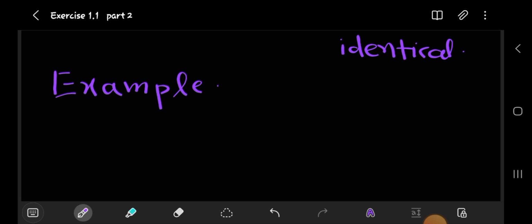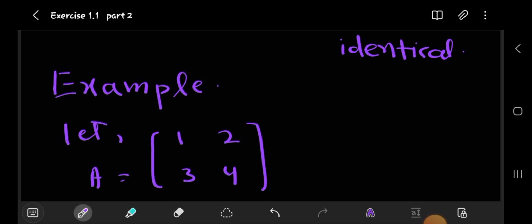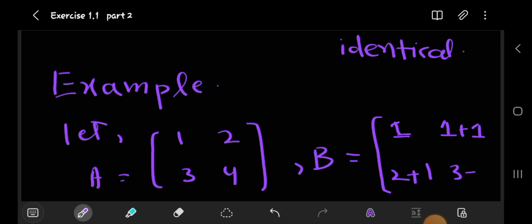So we have an example. Let's suppose we have a matrix A that is 1, 2, 3 and 4, and let's suppose another matrix B. If we write this matrix in terms of A, then we can write it as 1, 1 plus 1, 2 plus 1, 3 plus 1.